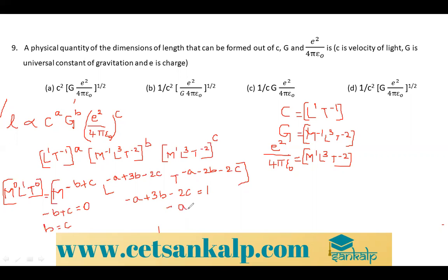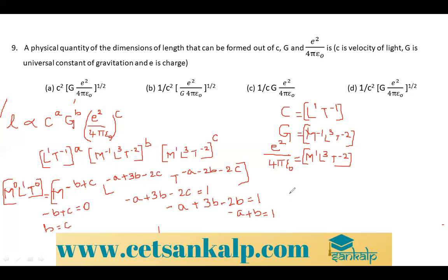Minus A plus 3B minus 2B is equal to 1. 3B minus B is B. So minus A plus B is equal to 1. Okay, fine.